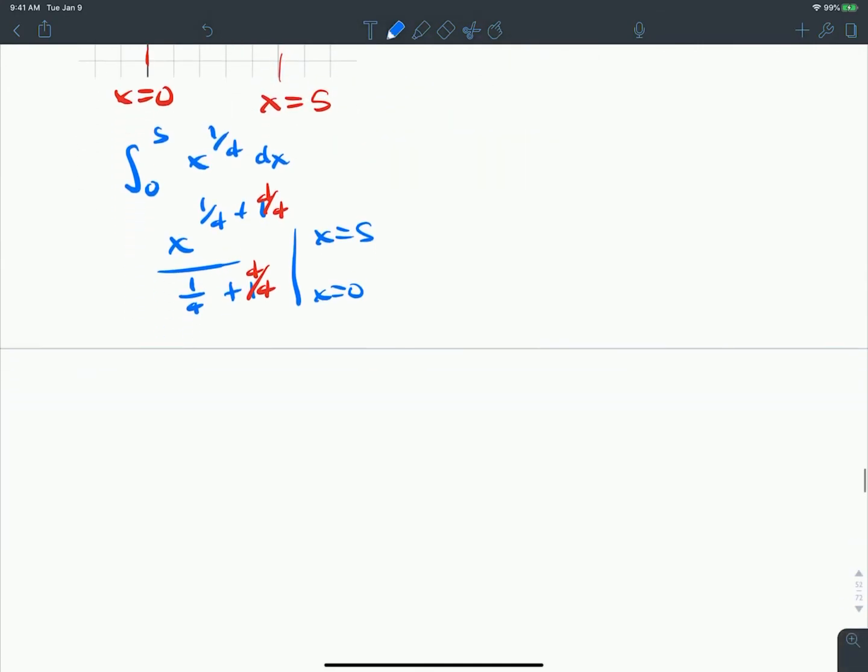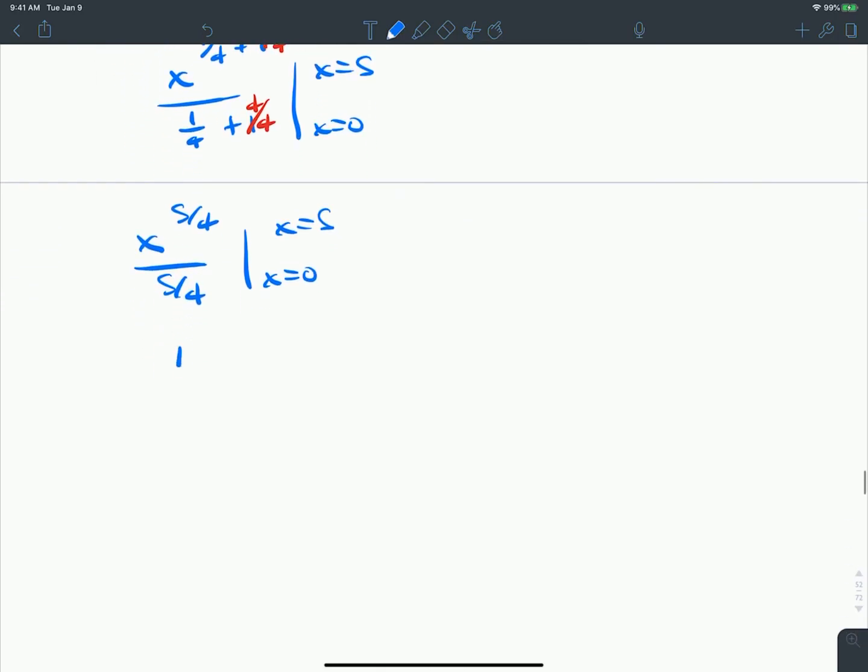And so we'll end up here with x to the 5/4 over 5/4. X is 0, x is 5, which really gives us 4/5 x to the 5/4. X is 0, x is 5, because we divide here by a fraction, which means multiply by the reciprocal. So the reciprocal of 5/4 is 4/5.